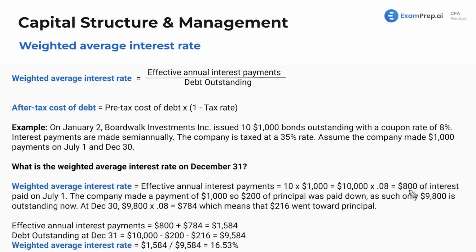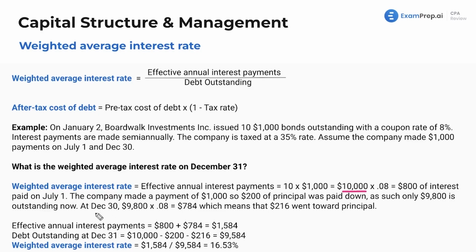Let's say you owed $800 of interest. Anything additional that you pay pays down your principal. As such, we had an original balance, credit card balance, of $10,000, and I'll use credit card as a synonym just to relate it to us. So as such, because you paid $200 of principal down, now we only have $9,800 outstanding.